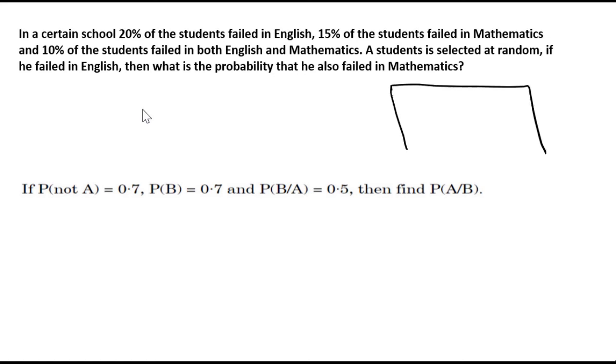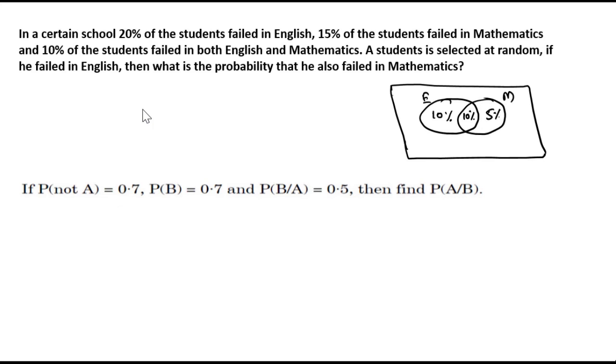So if you mark this in sets, English and mathematics. 10% students probability is given, 10% fail in both English and mathematics. 20% students failed in English, so this is 20%, 10% we have already marked, so this is 10% again, remaining 10. 15% students failed in mathematics. So 10 already we marked, so this will be 5%.